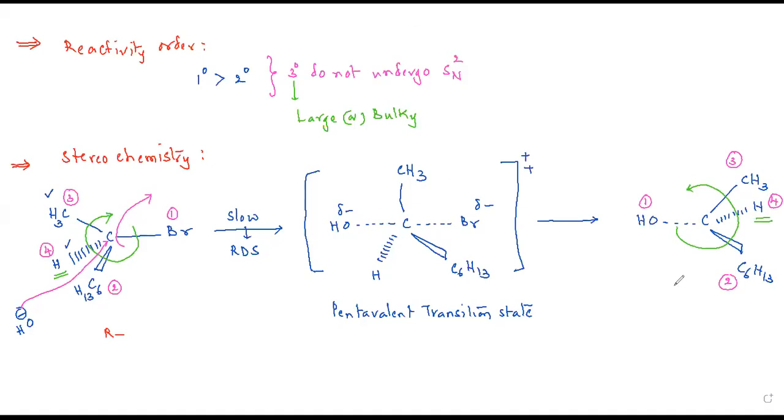So, here the configuration is no doubt S. So, that is how you get something which is 100% inverted. 100% inversion product is what we get in SN2.